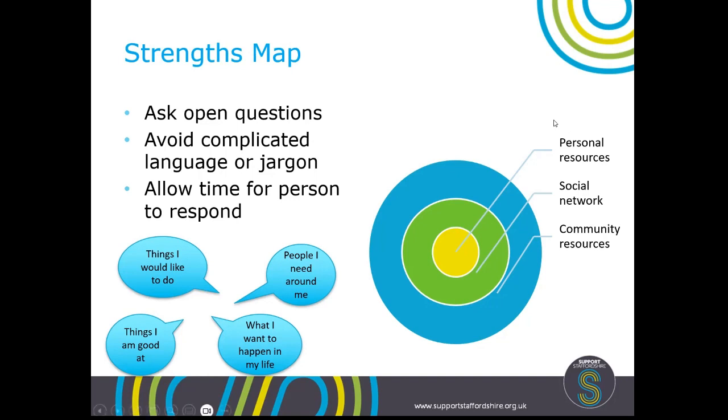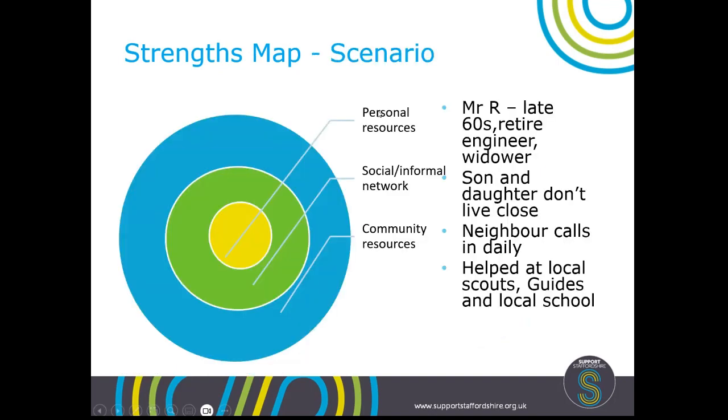Apologies. The middle bit is the social network, so your immediate friends and family, and then the blue bit is your community and the wider area. Okay. Do you all know how to use the annotate button?